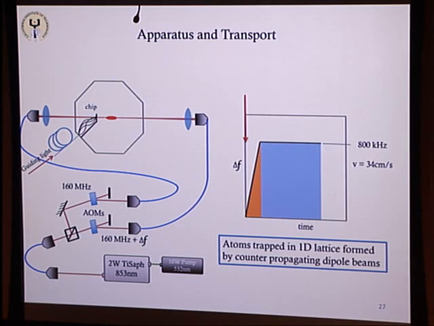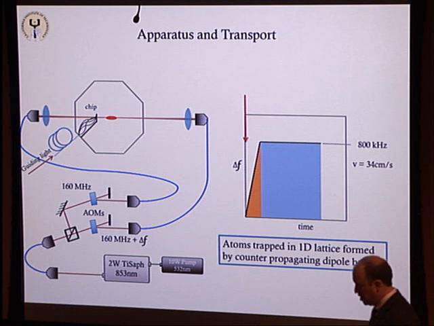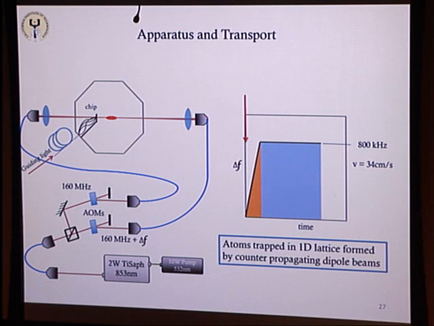The way that we're going to deliver this system of cold atoms to the structure is, since I mentioned it's trapped in this 1D lattice, if we chirp the frequency of one of the beams, so these beams are passing through acousto-optic modulators, so they pick up some frequency from the modulators, and if you put a little bit of a beat note on one of these modulators and ramp it up to some detuning, the atoms act like a conveyor belt and get shot to the structure.